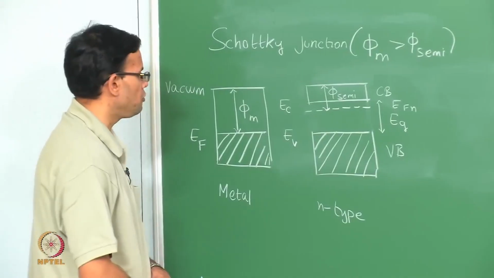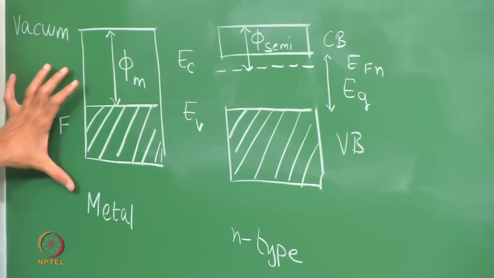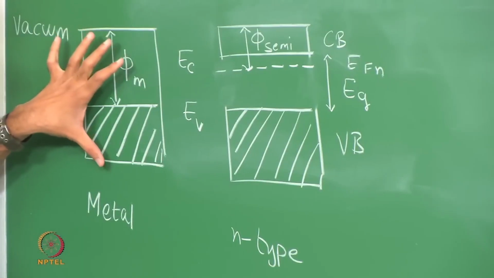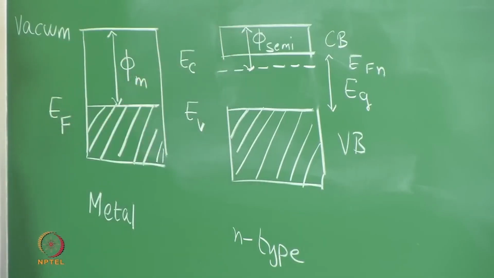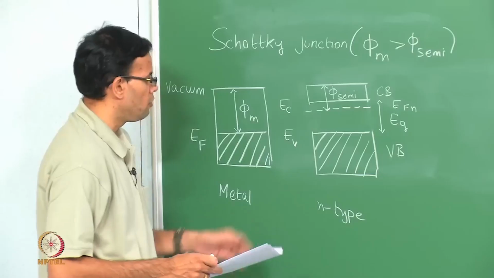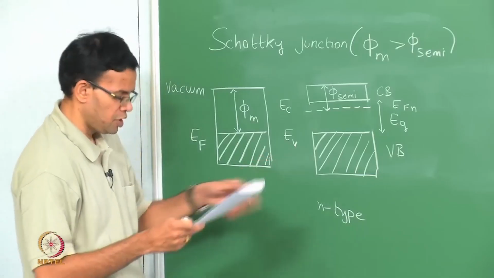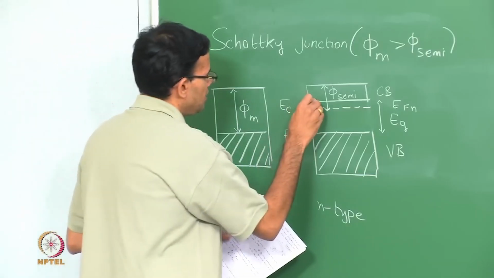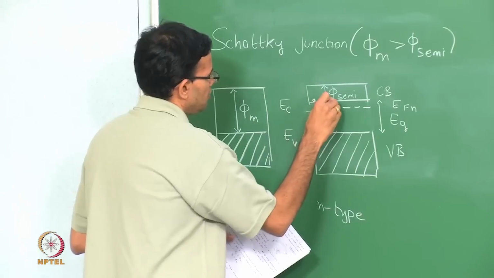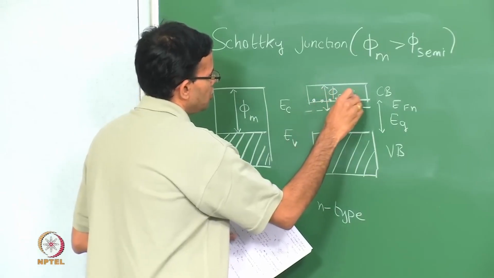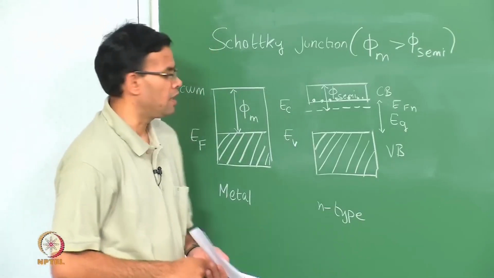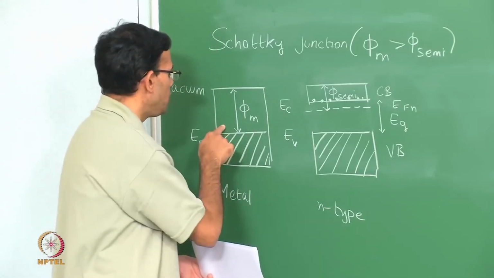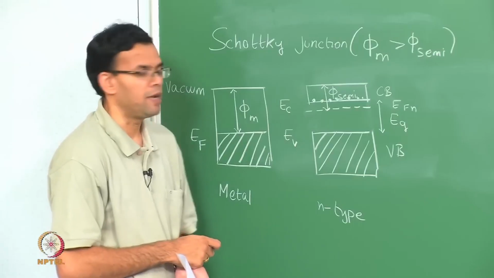Now we are going to form a junction between this metal, which has a work function greater than the work function of the semiconductor. If we look at this picture, this is an n-type semiconductor, so there are a whole bunch of electrons in the conduction band of the semiconductor. There are a whole bunch of empty states in the metal.